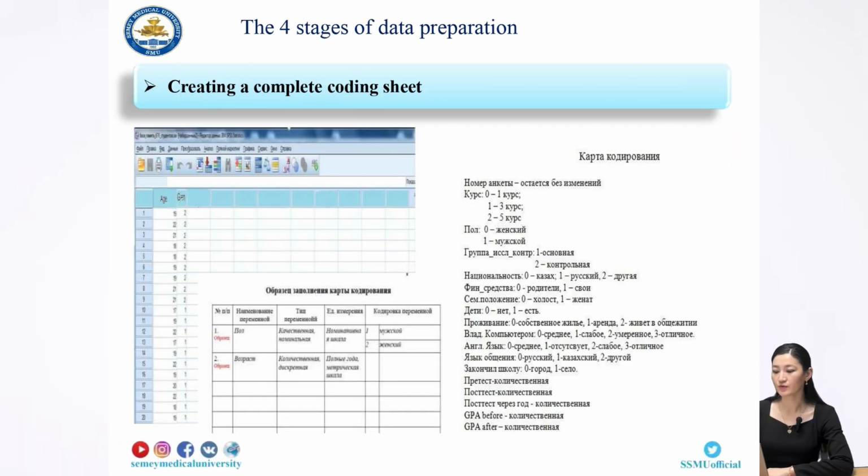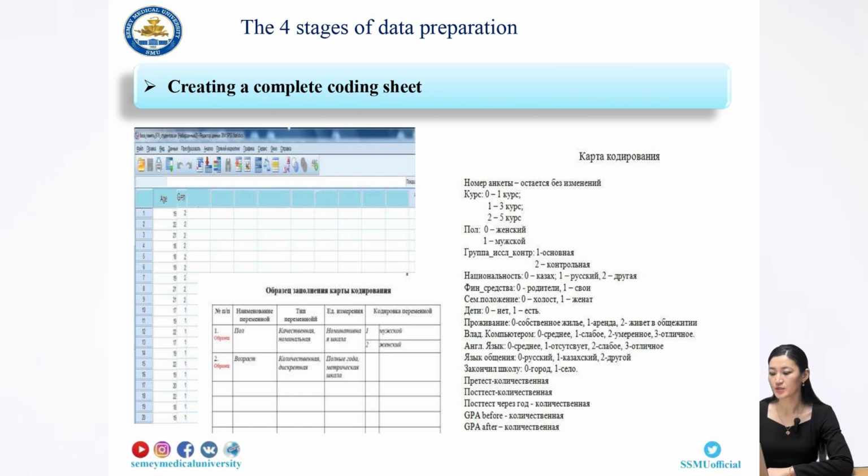The third stage of data preparation. At the third stage, the researcher determines the order in which variables will be entered into the database. All numerical data collected according to the developed format are entered into the database in a specific sequence.